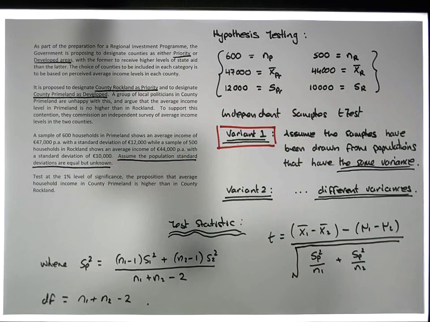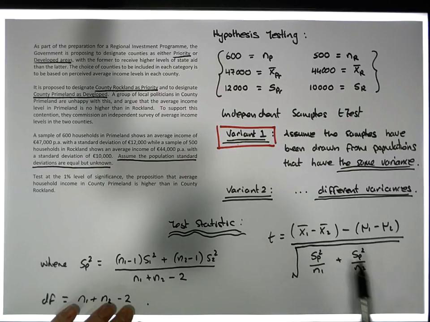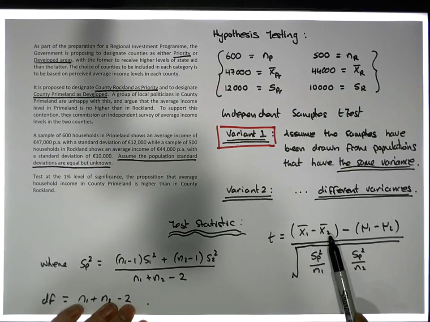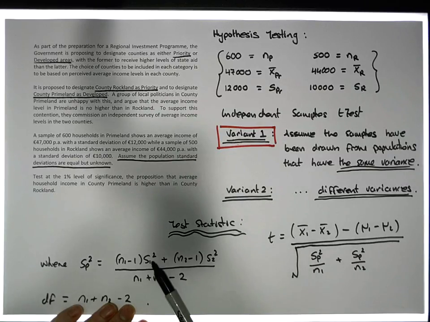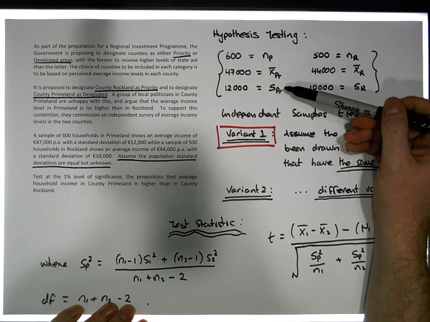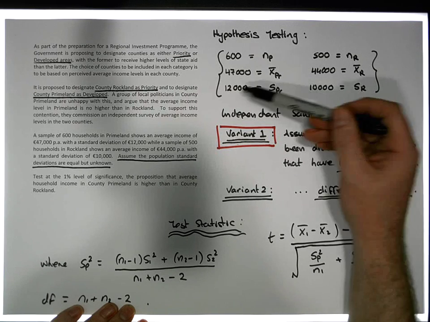Okay? So, to undertake this test, what we need is x1 bar, x2 bar, we need n1, we need n2, and we also need a measure of the pooled variance. And the pooled variance is got from the variance of the first sample and the variance of the second sample, and also their respective sample sizes. So actually, we're provided with all the information, albeit we've been provided with the standard deviations here.